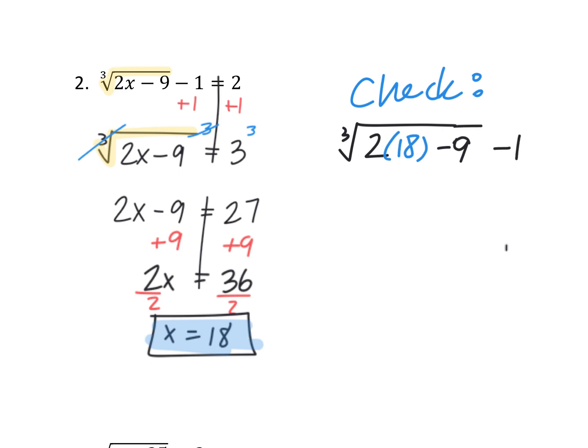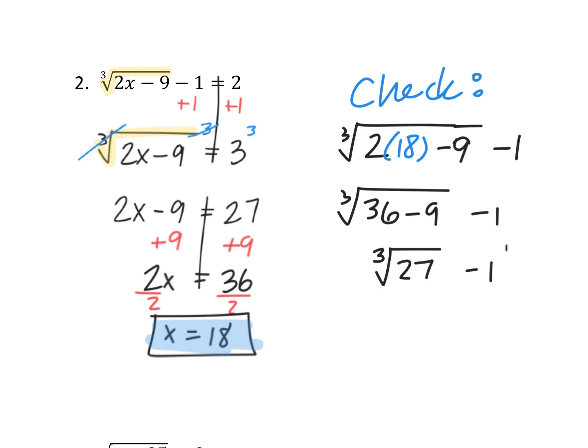Okay, so in the root now, if you simplify that, then you get 36 minus 9, which is the cube root of 27. What's the cube root of 27? 3, so it's 3 minus 1. Is that equal to 2? Sure is. So check. That worked out for you because it was equal to 2.